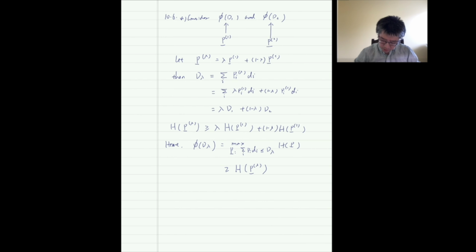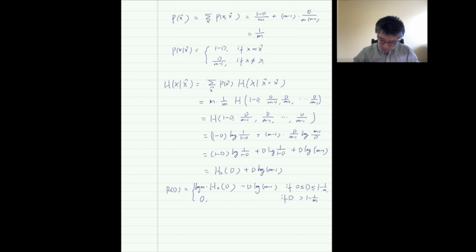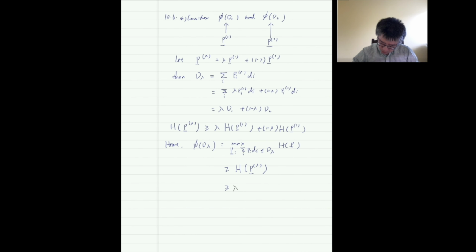Okay, very good. And then by using this equation, we can get this guy is bigger than or equal to lambda H(p1) plus 1 minus lambda H(p2). Okay, very good. And remember, the definition of p1 and p2 is the distribution to achieve phi d1 and phi d2, right?